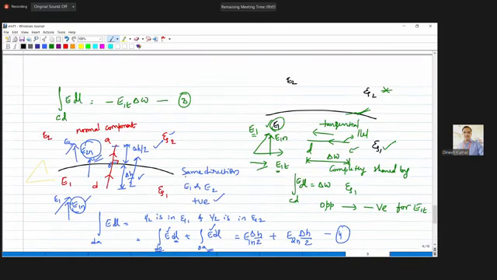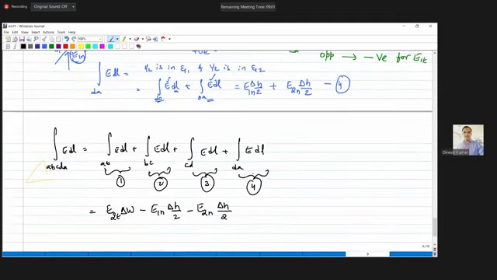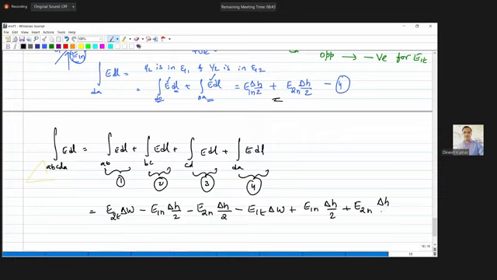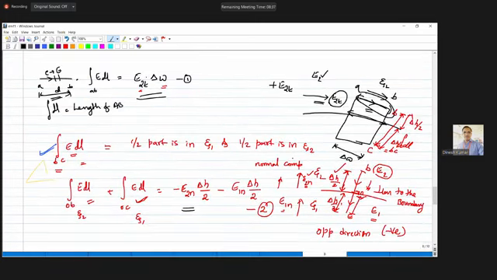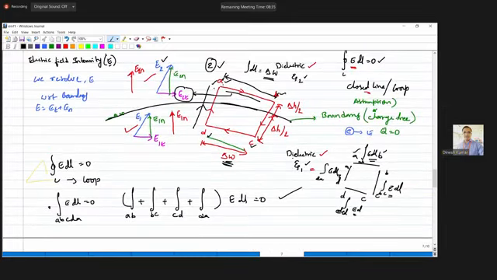What about the third equation? The third equation is minus E1t delta W. And finally, what about the fourth equation? The fourth equation is E1n delta H by 2 plus E2n delta H by 2. So finally the value is equal to 0. That is the equation now. So the value is equal to 0 only, since this is a closed loop.